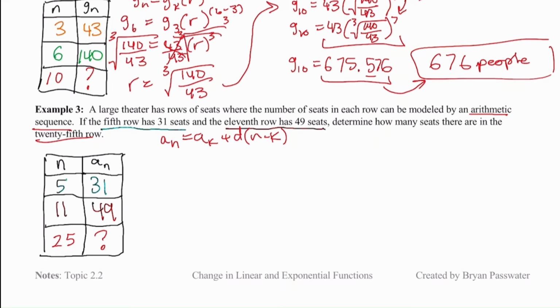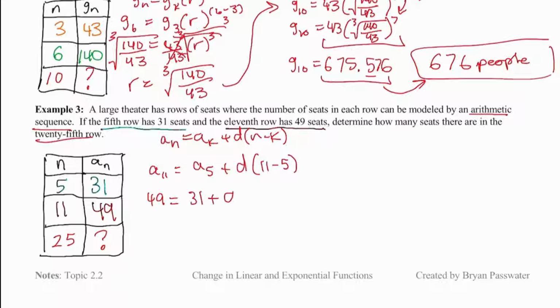So replacing these, AN is going to be A11. A11 is equal to A5 plus D, which we're trying to solve for, and then N, which is 11, minus K, which is 5. So we can replace the A11 and A5 because we know those. The 11th term is equal to 49. The 5th term is equal to 31.